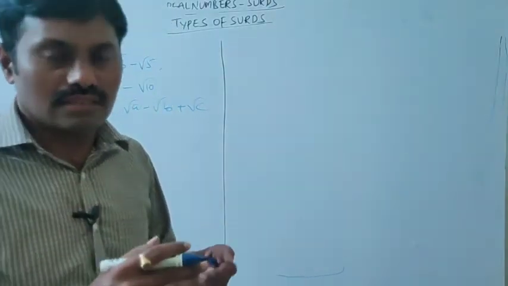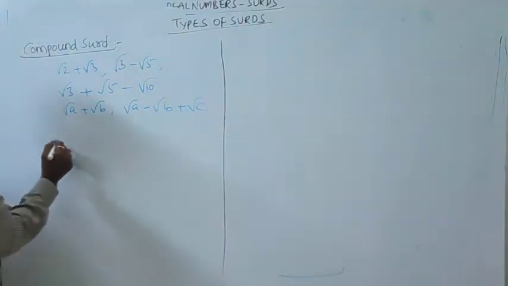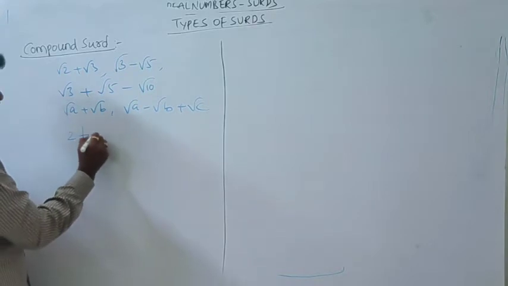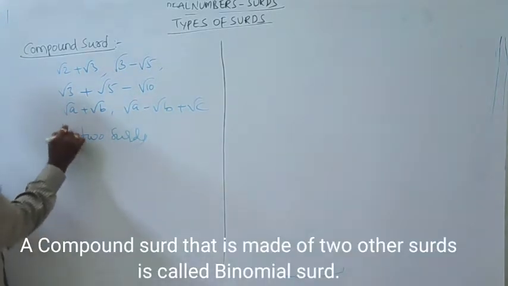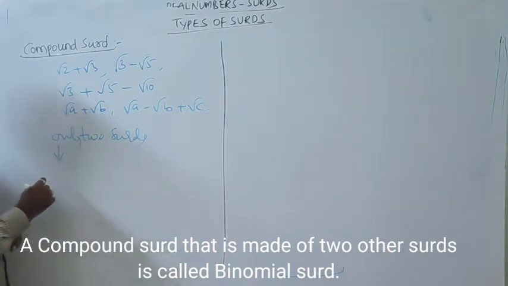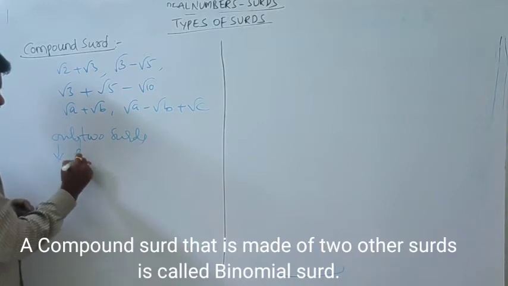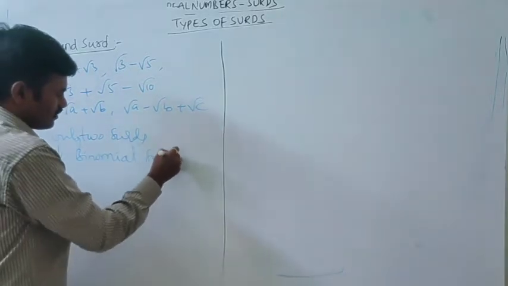Based on terms we decide. See, if a compound surd has only two surds, then such an expression is called a binomial surd.